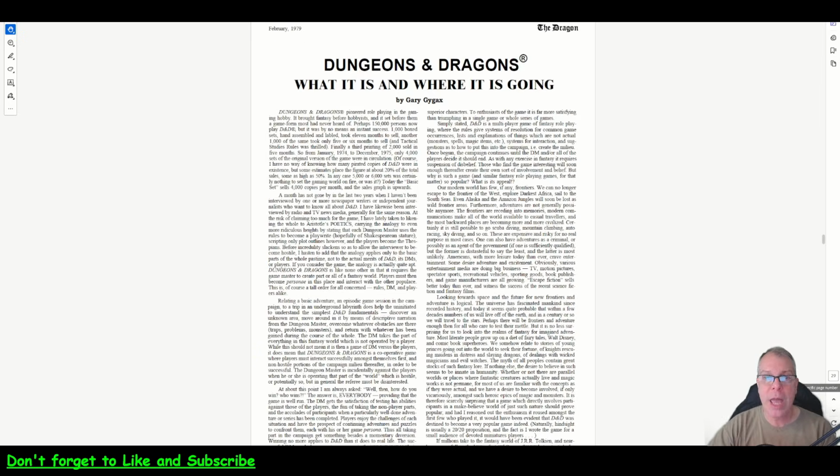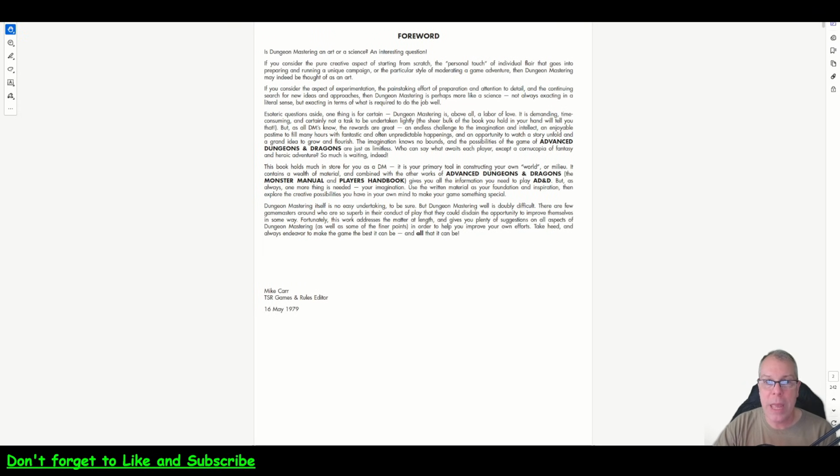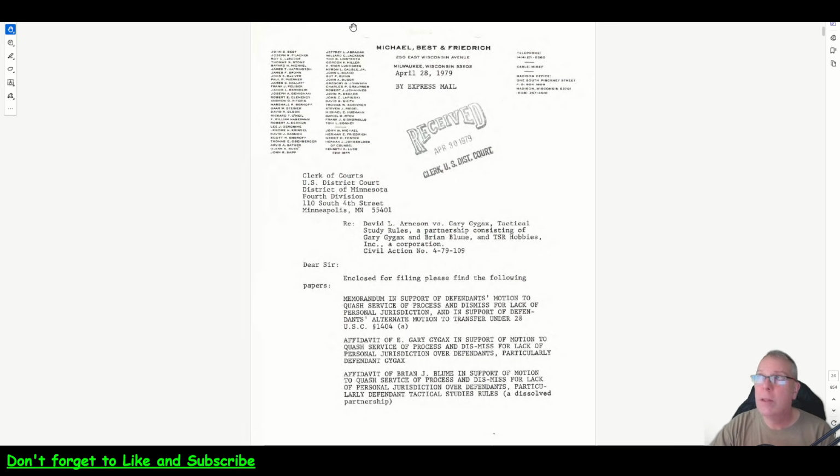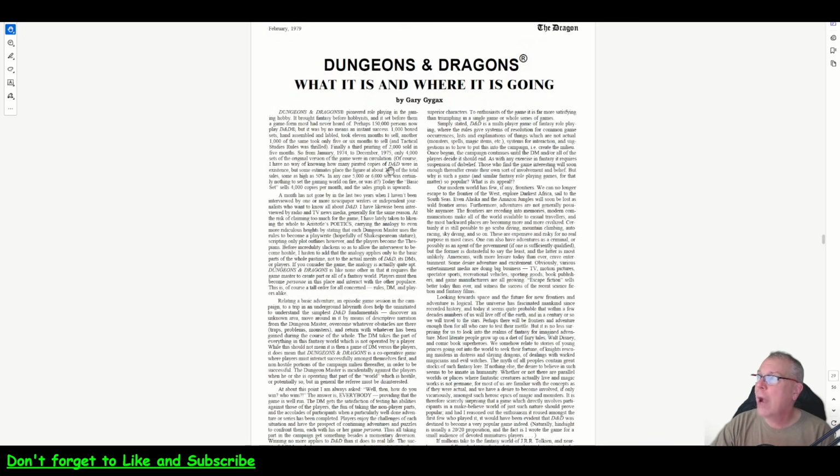Now this is after the Monster Manual and after the Player's Handbook, but before the Dungeon Master's Guide came out. Because remember, the Dungeon Master's Guide did not come out until May of 1979. So we've got the lawsuit, and this was probably right before or right after the lawsuit.